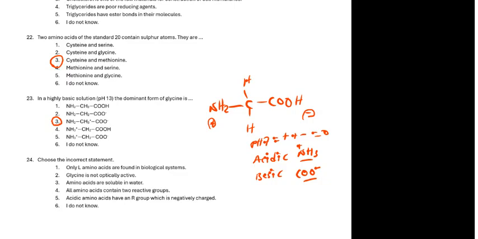This is not true. Acidic amino acids have 2 carboxyl groups. They only get charged when they are in different conditions of pH. So the incorrect statement is this one here.